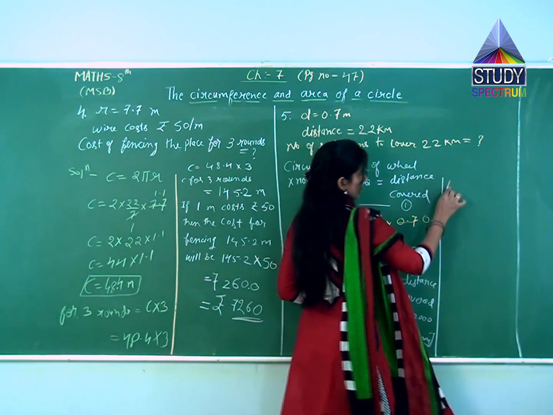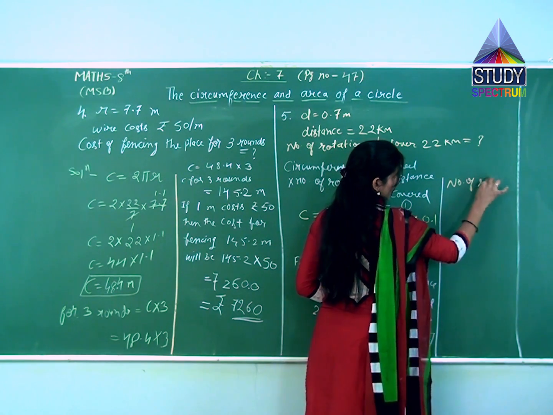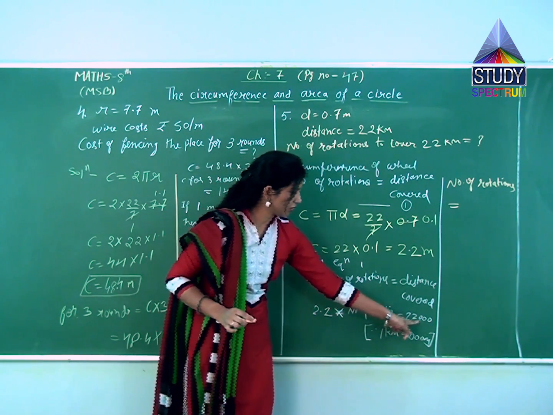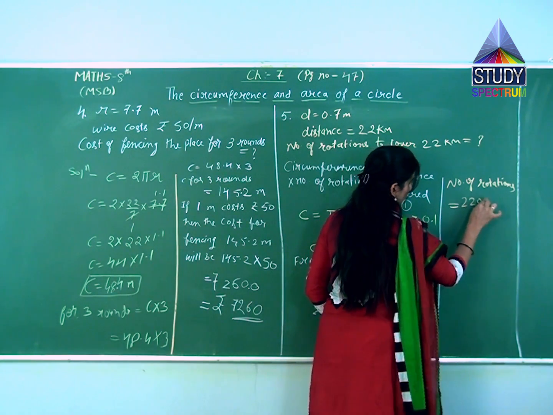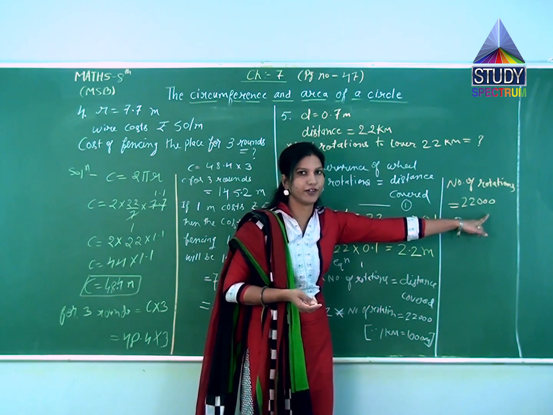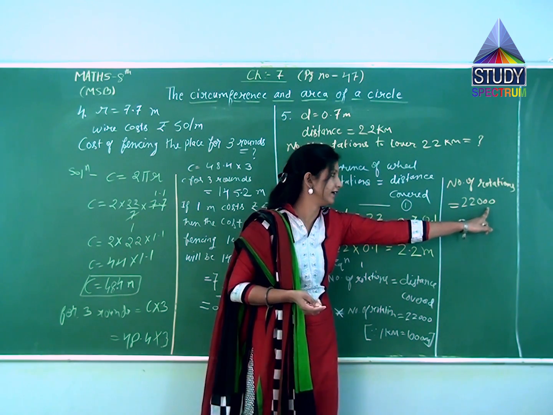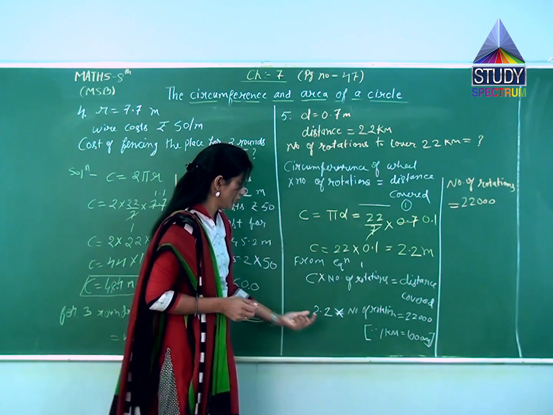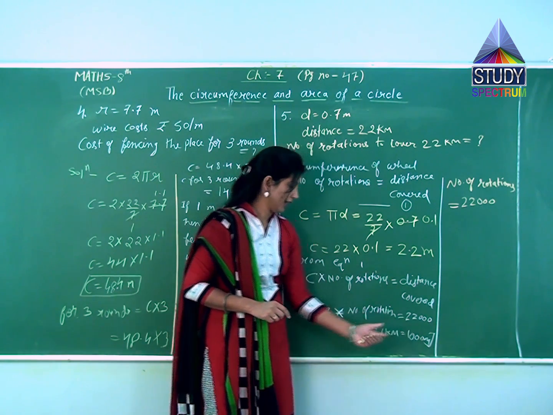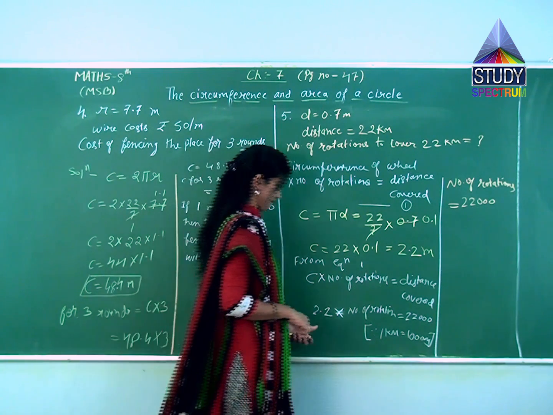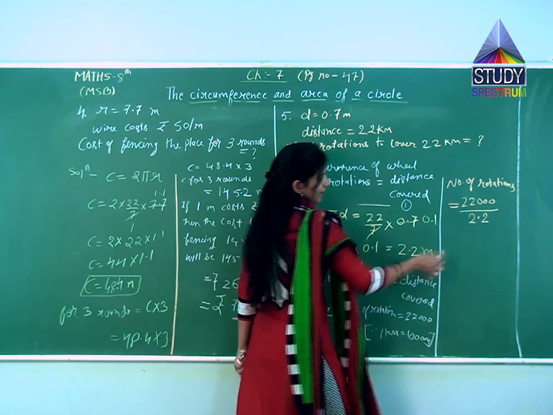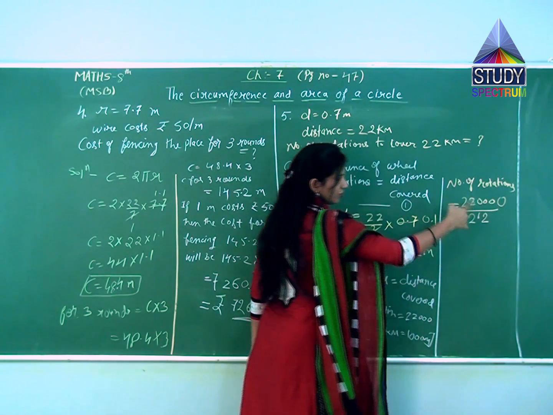The number of rotations will be equal to 22,000 divided by 2.2, because 2.2 was with multiplication, and after going to the right hand side it works with division. So 22,000 upon 2.2. Now if we remove this decimal, we have to put a 0 there.